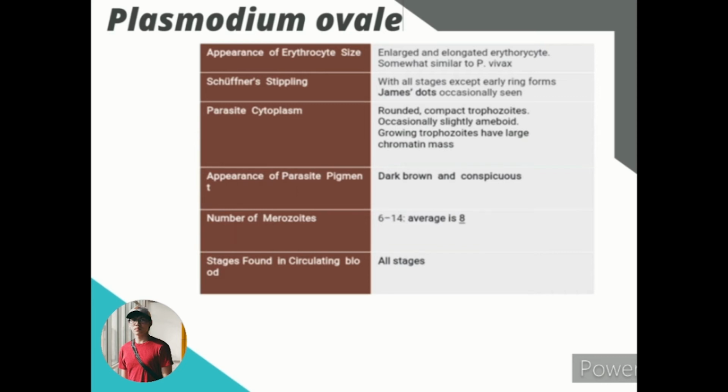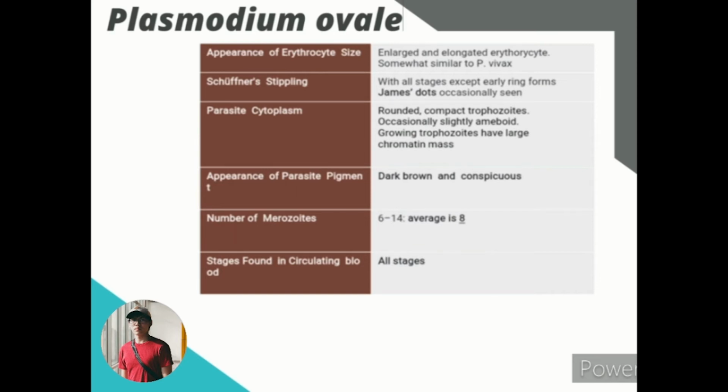The parasite cytoplasm is rounded with compact trophozoites, occasionally slightly amoeboid, and its growing trophozoites have large chromatin mass. Plasmodium ovale is dark brown in color and is conspicuous. The average number of merozoites present is only 8, and all stages can be found in the circulating blood.